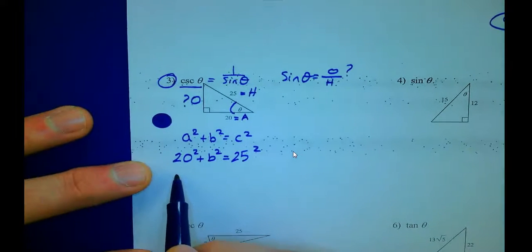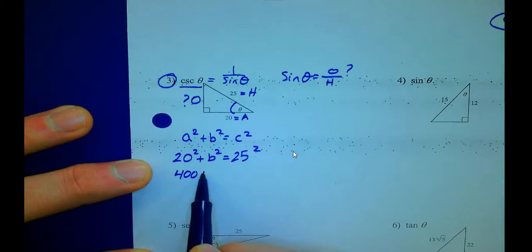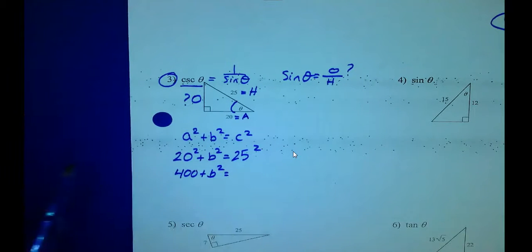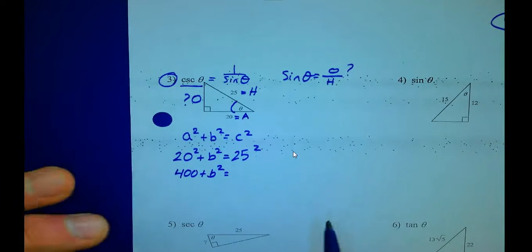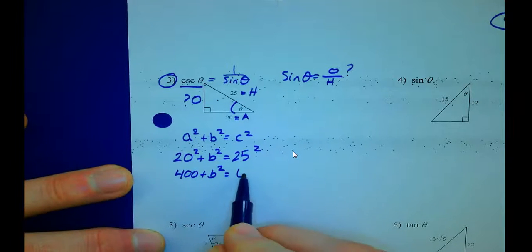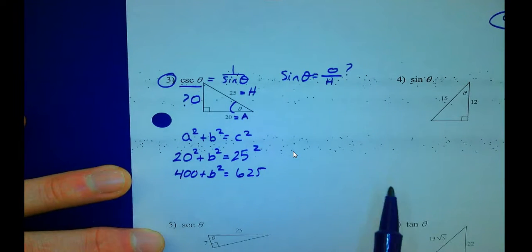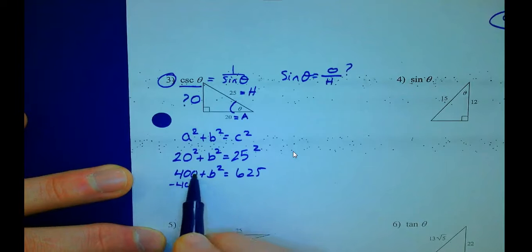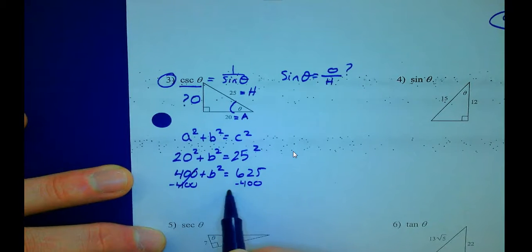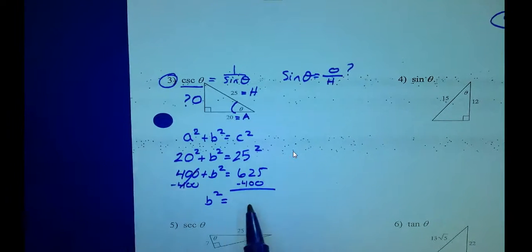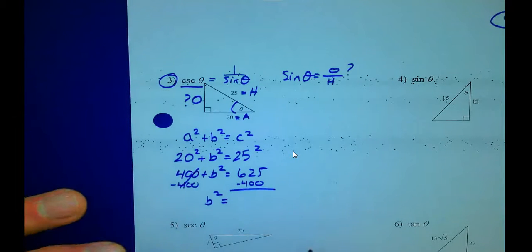So 20 squared is 400 plus b squared, and 25 squared is 625. Alright, you're going to subtract 400 from both sides, and b squared is equal to, let's say, 625 minus 400 is 225.